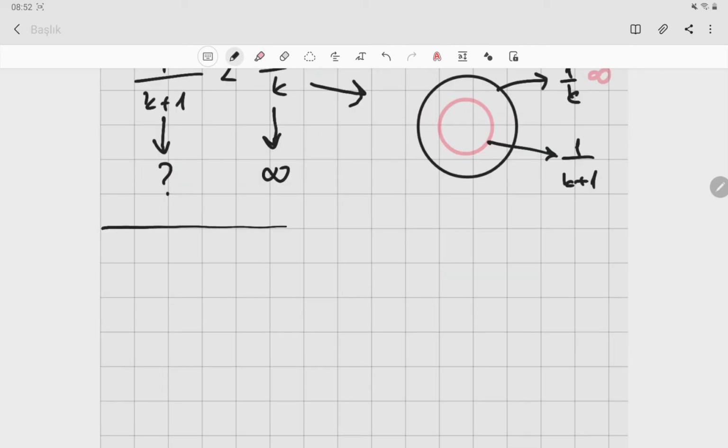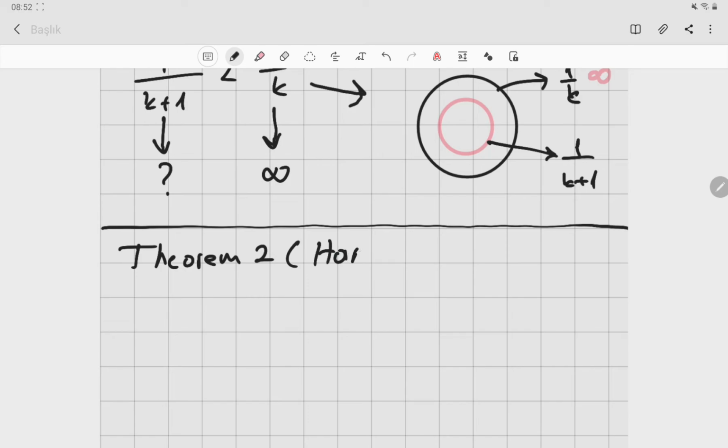And another theorem, or a kind of test, theorem 2, we call harmonic or P series.